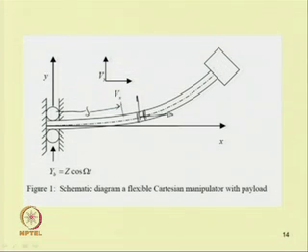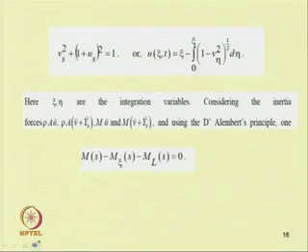In that case one can consider the inertia force due to this end mass, and one can find the bending moment, which is represented by ML. So, now one can write Ms equal to M zeta plus ML, or Ms minus M zeta minus ML equal to 0.